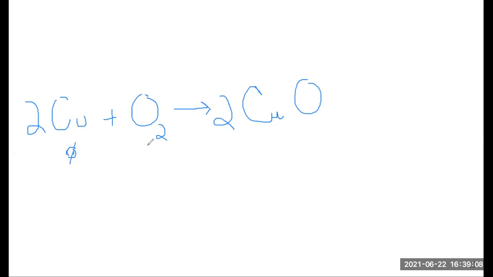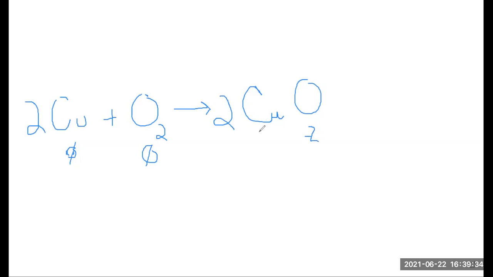My oxygen molecule has oxidation numbers of 0. My oxygen on the right-hand side, because it's inside a molecule and it's not a weird thing like a peroxide, is -2.